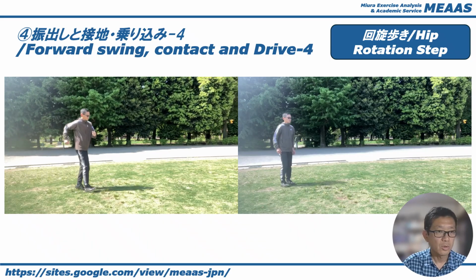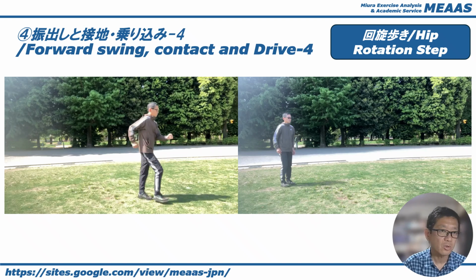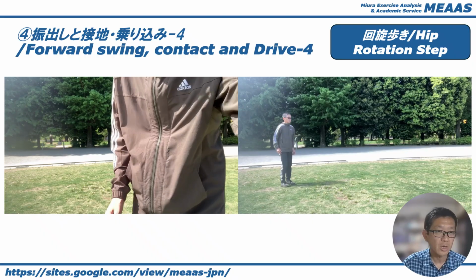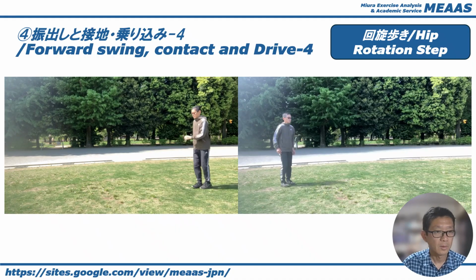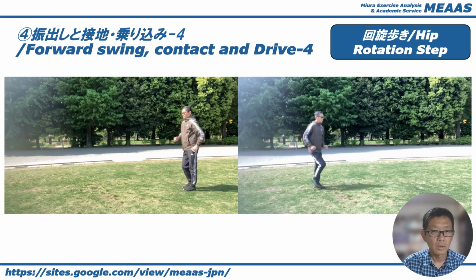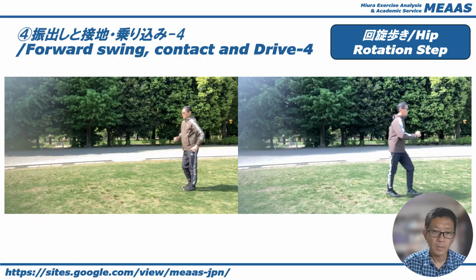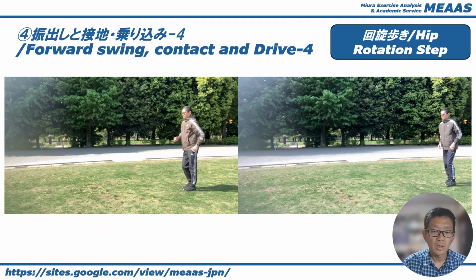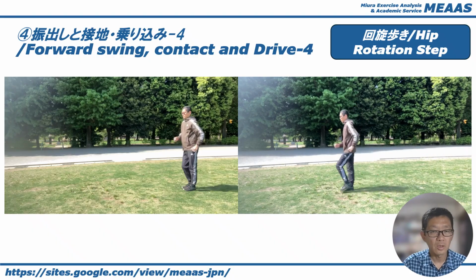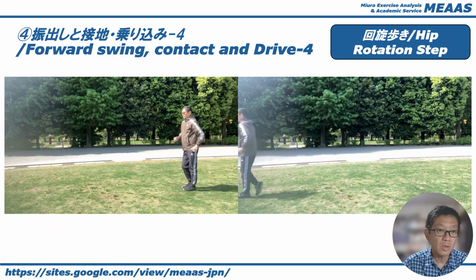So you can learn about the coordination of hip, contact and drive, and torso rotation. That's a variation. Narrow step and a little bit fast rhythm. The aim is almost the same as the left movie and right movie.